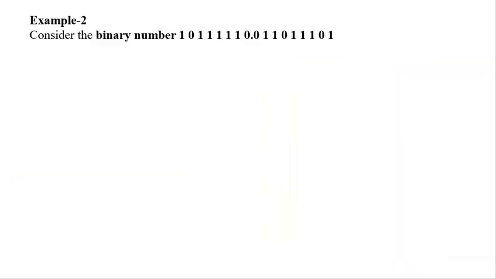Consider the example, given a binary number. The first step is to write the binary number: 1011110.01101. So this is the given binary number.